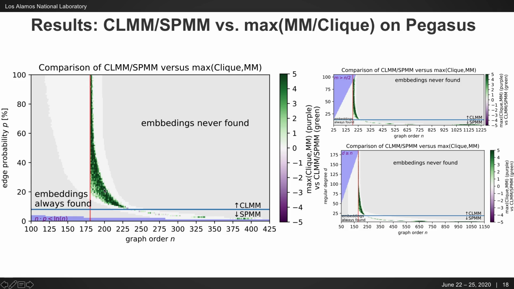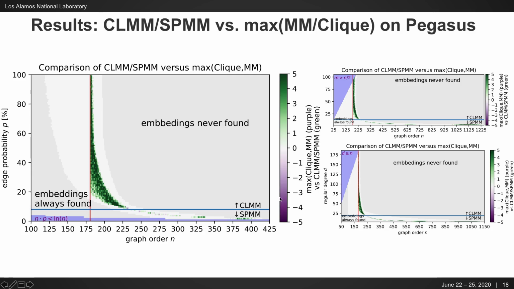What you can see here, a very dark green denotes that our approach managed to embed all 5 graphs, while the previous approaches managed none.